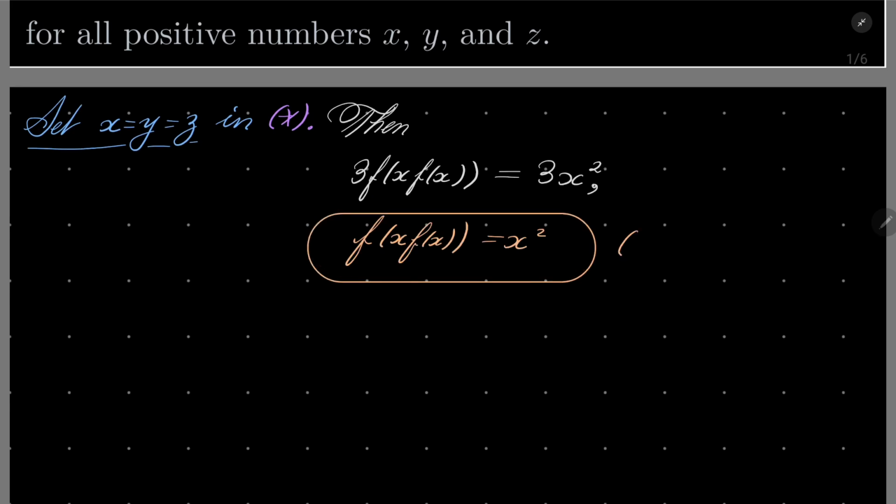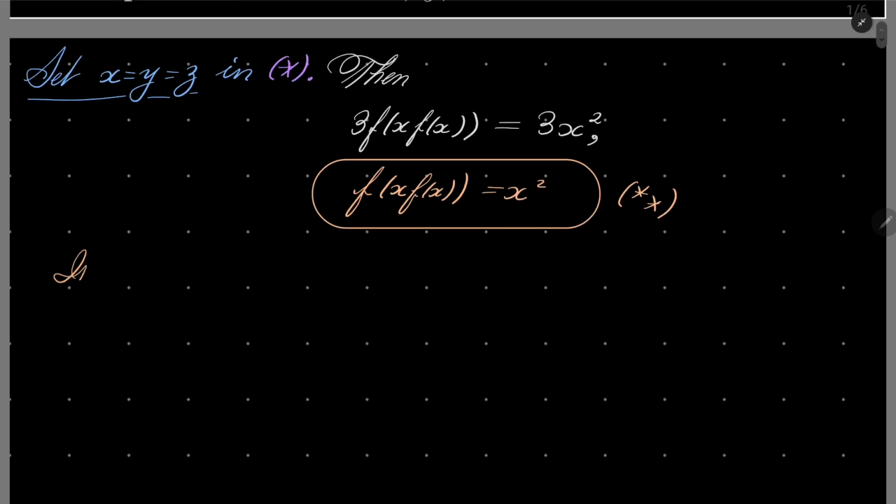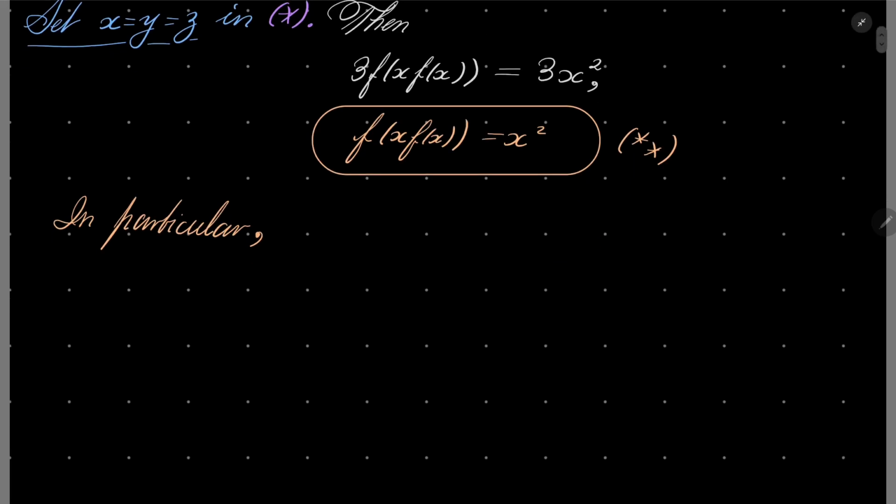Let's mark this condition by double asterisk. In particular, for x equals 1, we have f(1) is 1.